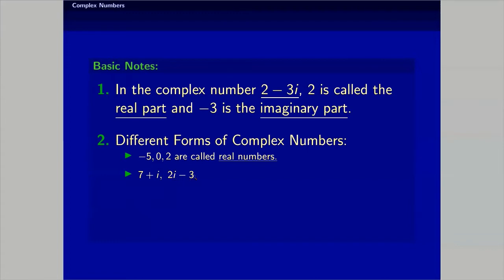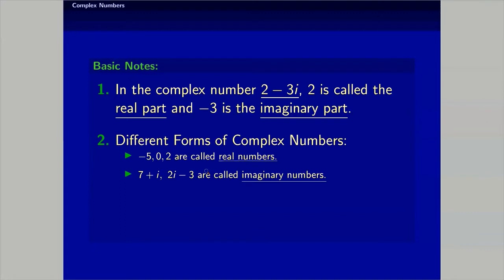Binigay ko itong example na ito to show you that pwedeng mauna ang merong i. You see? 2i minus 3. Kapag ganyan ang itsura ng complex number, you call them imaginary numbers.